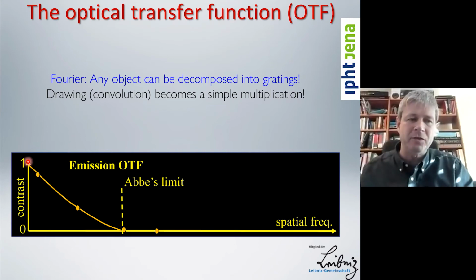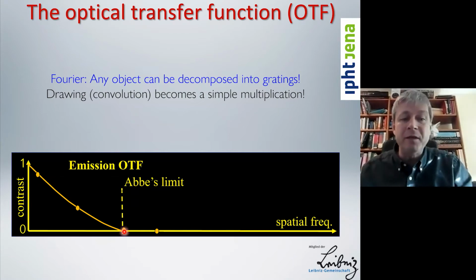And therefore the name optical transfer function, because this function tells you the higher the spatial frequency of the grating, that means the finer the grating constants are, the less good is the transfer. And eventually this contrast not only approaches 0, but it actually reaches precisely 0 at a certain limit. And that happens to be exactly the Abbe limit, only this time in Fourier space. So 1 over the grating constant, or depending on how you define it, 2 pi over the grating constant.